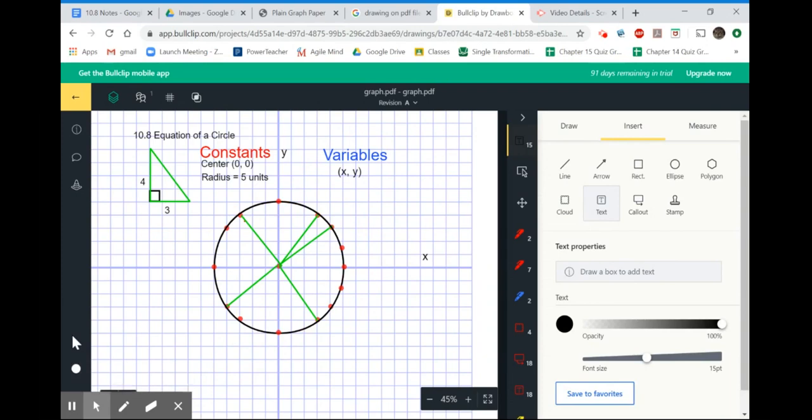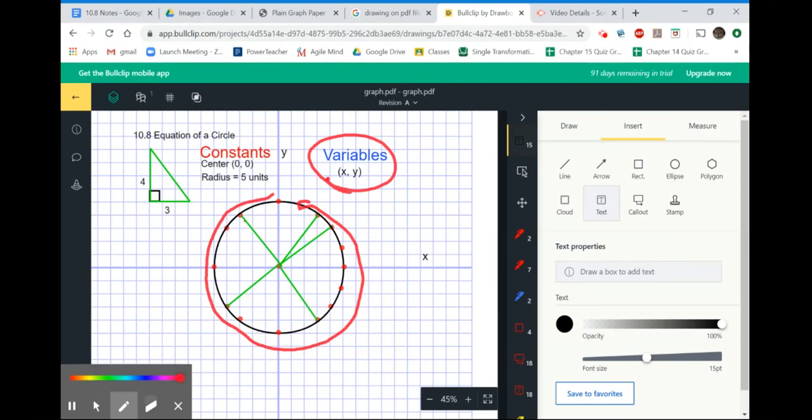So I hope you were able to figure out that because there are so many different coordinates going all the way around, we call them (x, y), because we don't know where we're going to be and we don't know what the coordinates on the circle are going to be. There's an infinite amount.